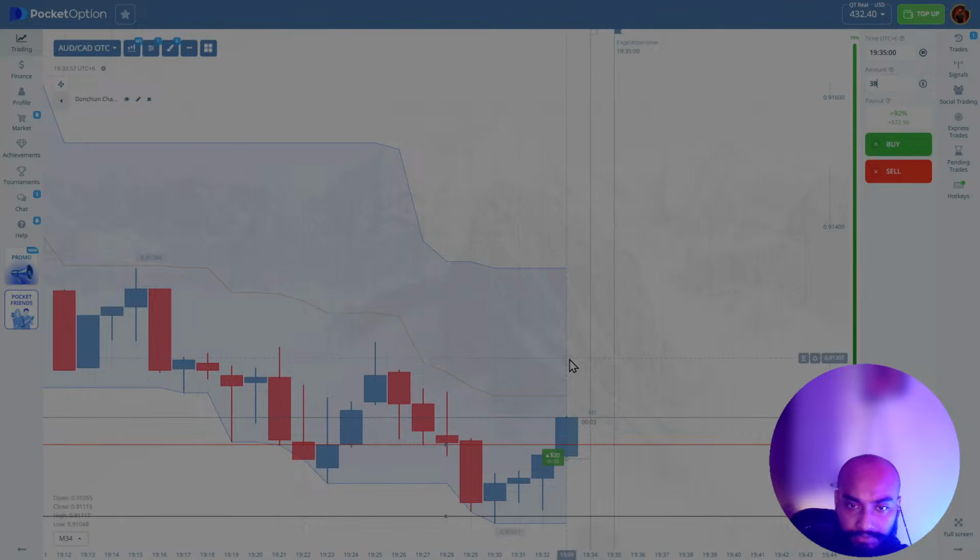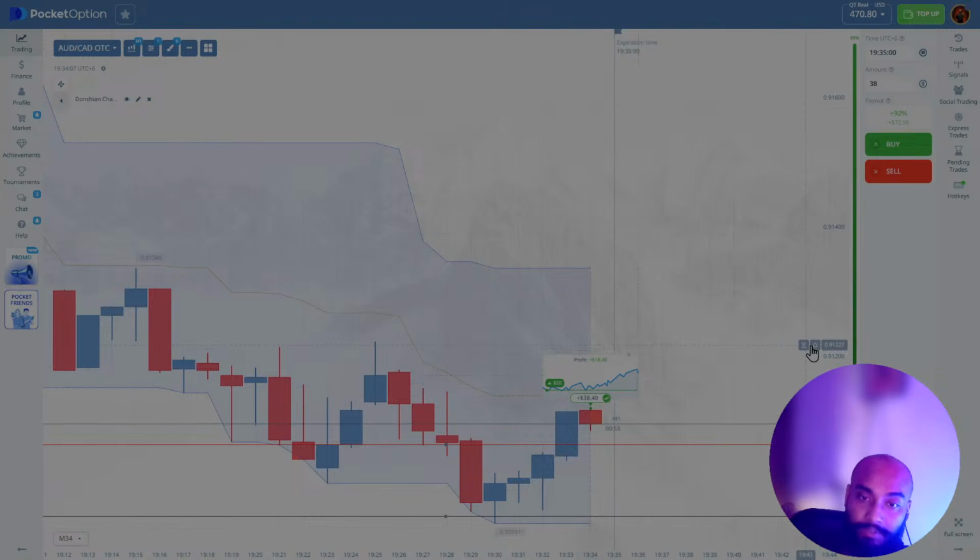38. Very good. So if I get a good entry point from here, I will take a sell trade. No, no, avoid, avoid, avoid. Why? Because it got very good backup from here, right?